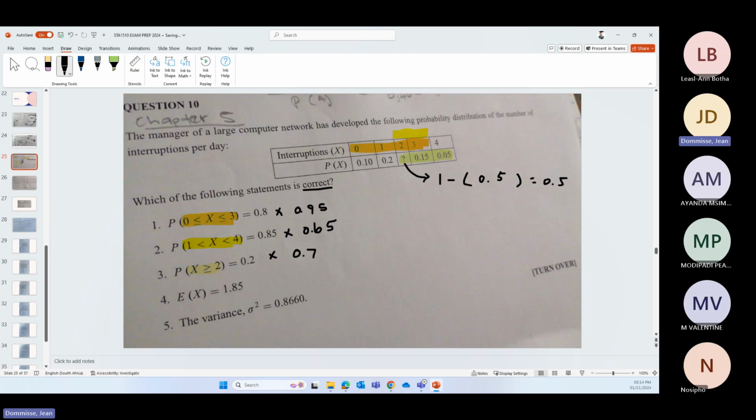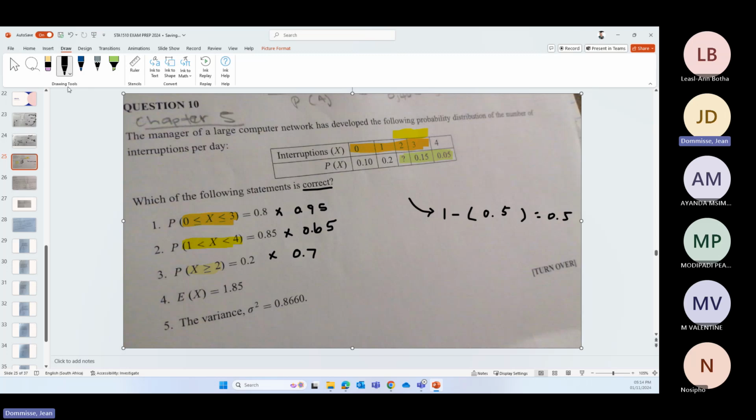So now expected value is the x times the probability. So we will need to work that out. Let me just move this out a bit.